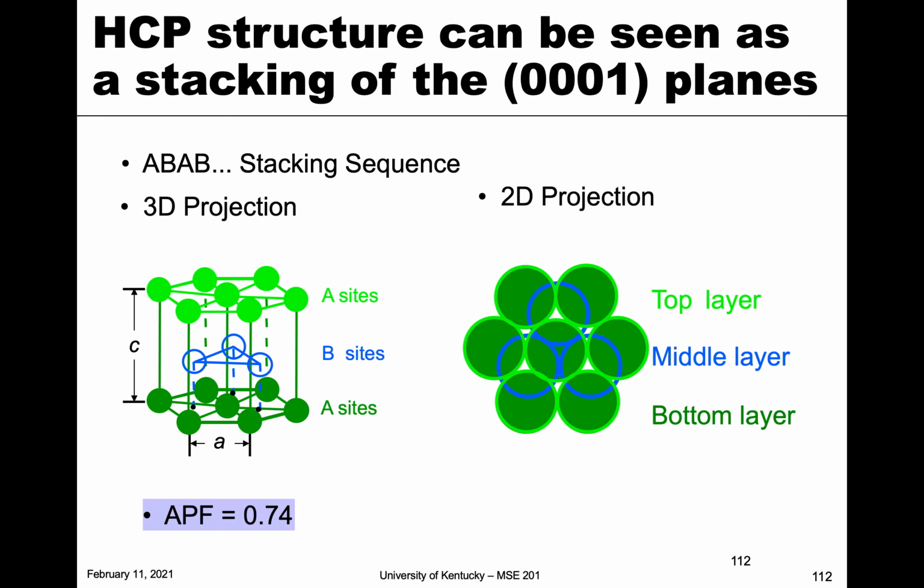And so if we look at the HCP structure a little bit more, we can also identify the stacking. So here on the bottom, this bottom basal plane had that same close packed arrangement that we saw on the FCC 111. And so that's the A sites.